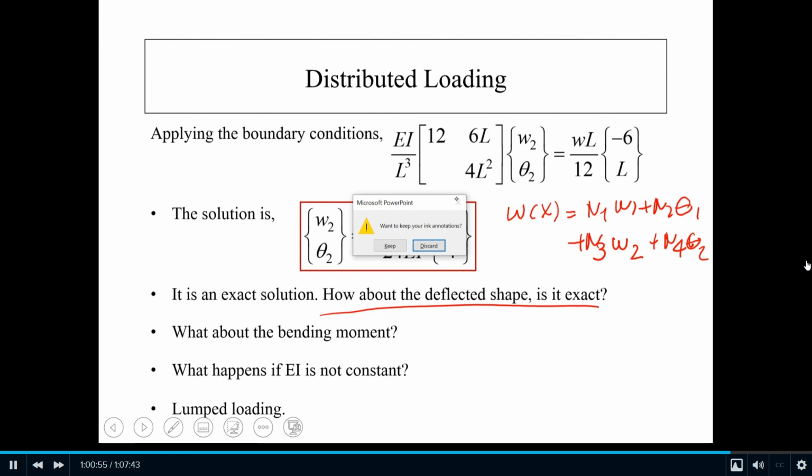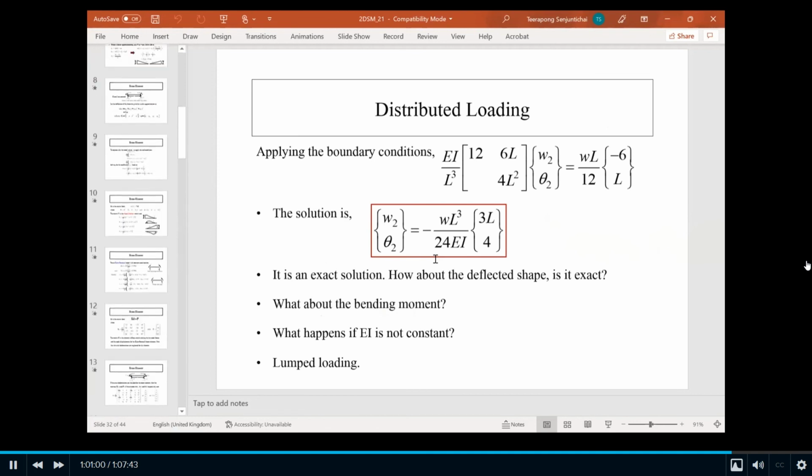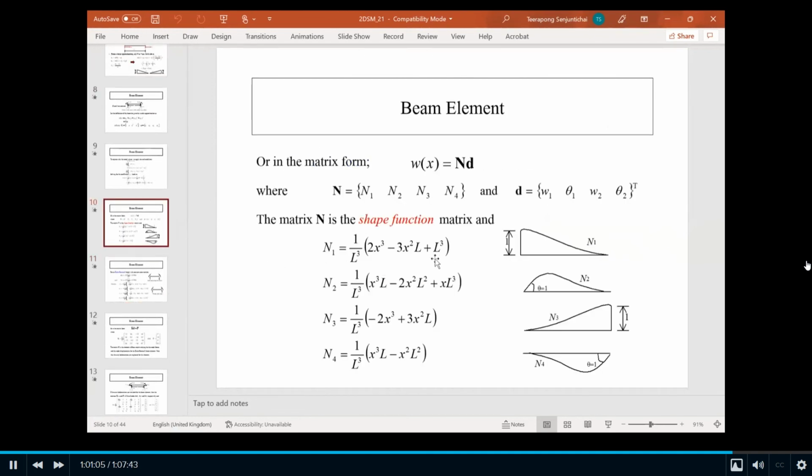Just want to show you here. So you have this, w(x) equals N1 W1 plus N2 theta 1 plus N3 W2 plus N4 theta 2.